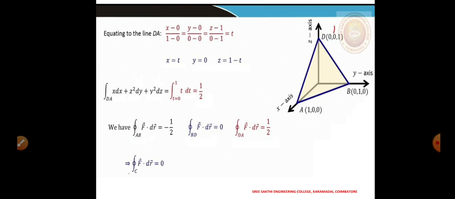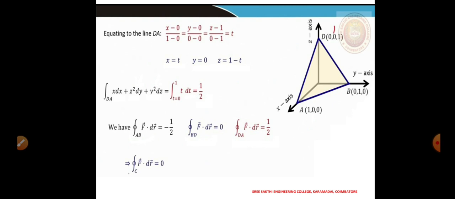So along the DA line, the y component is fixed and x varies from 0 to 1. So we can take x equal to t and z equal to 1 minus t, which is a parametric form of this line. Again, this is x dx plus z squared dy plus y squared dz.